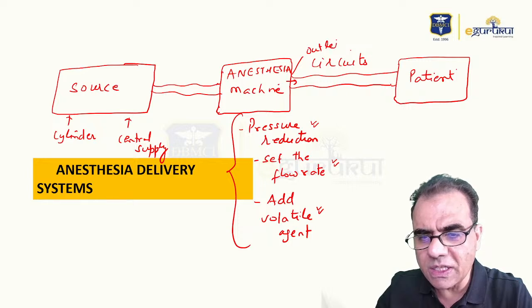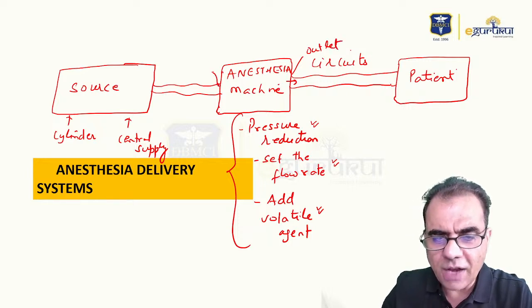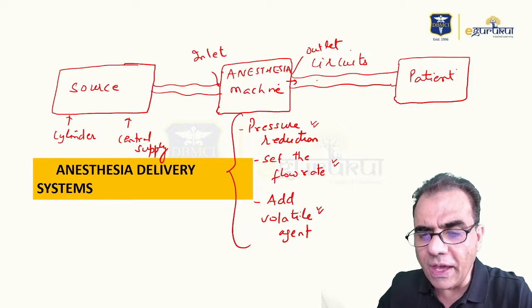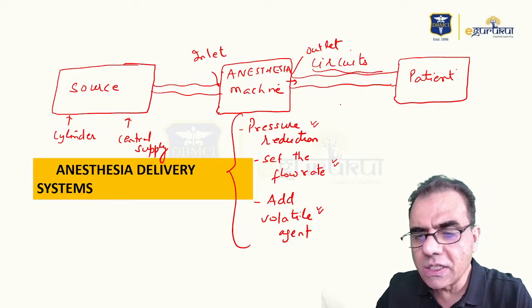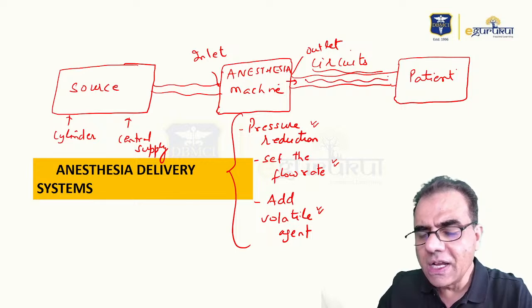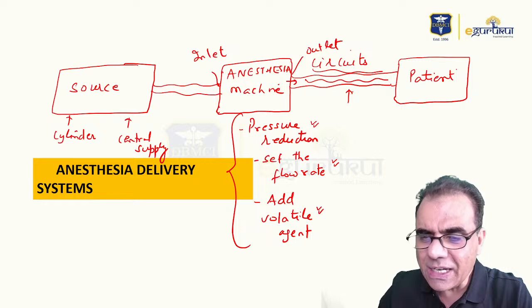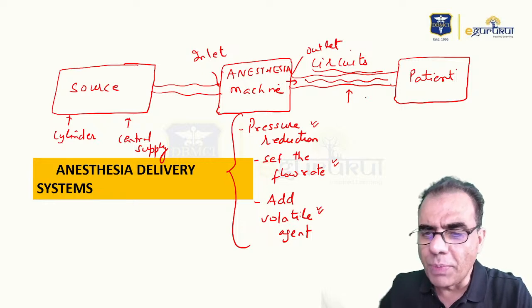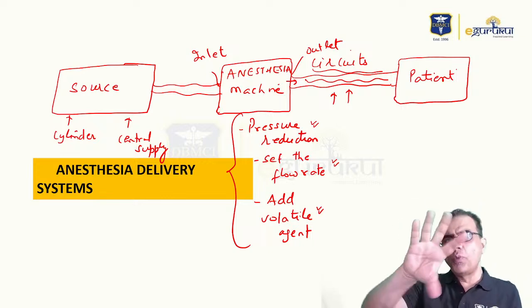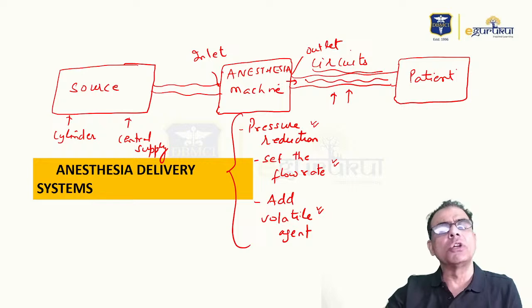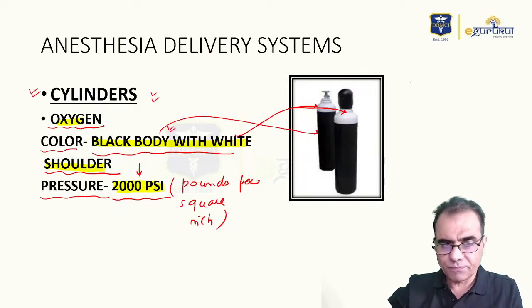From there, through the breathing circuits, the gases are delivered to the patient. Now what are these circuits? Breathing circuits are nothing but tubings which carry these gases from the anesthesia machine to the patient.